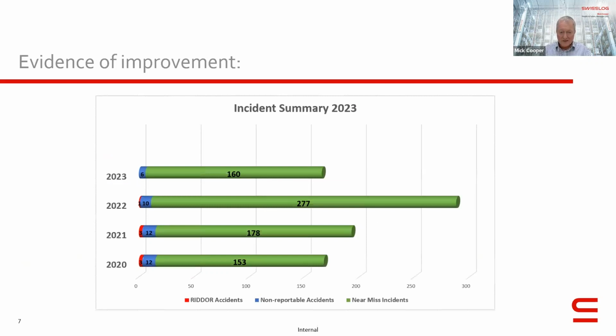We've currently had no RIDDOR over-7-day injuries, and it's clear from looking at that visual that near miss reporting is doing what it should be doing, and that is suppressing the opportunity for accidents to happen, causing injury, harm, or ill health.